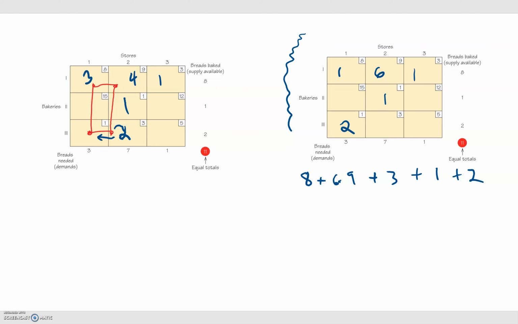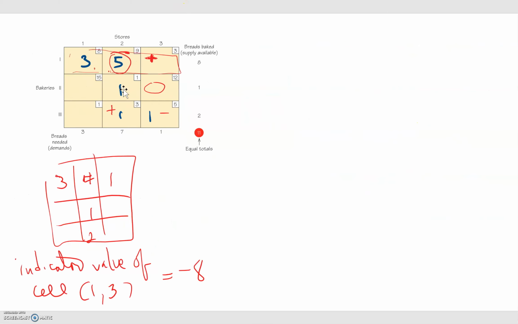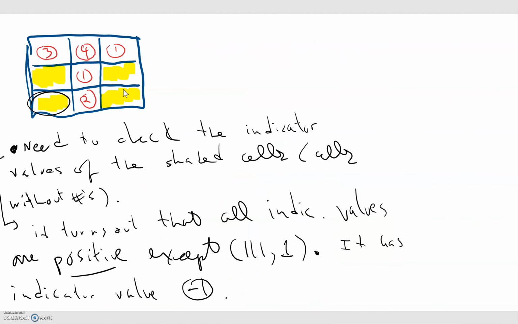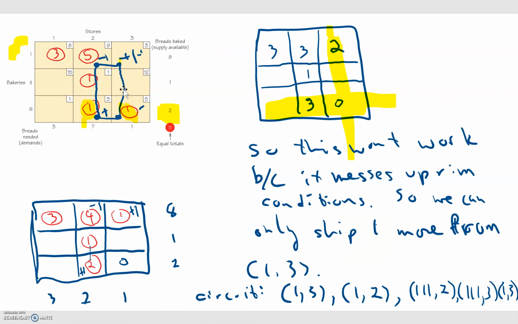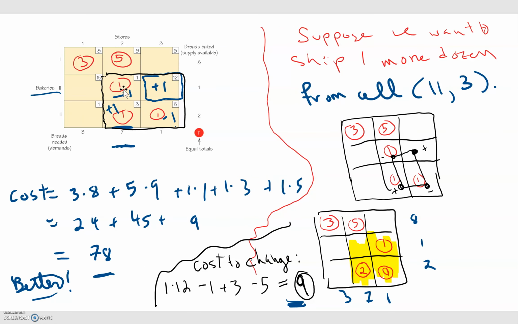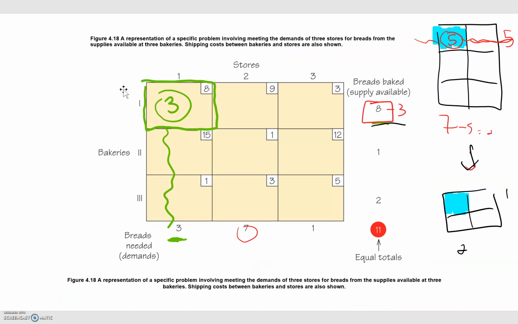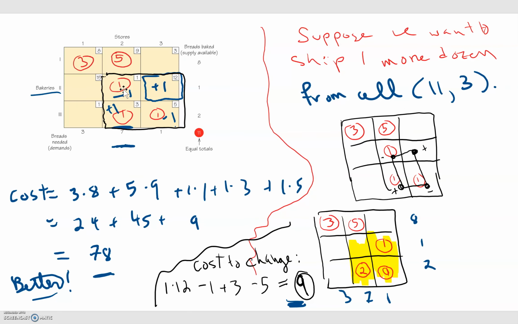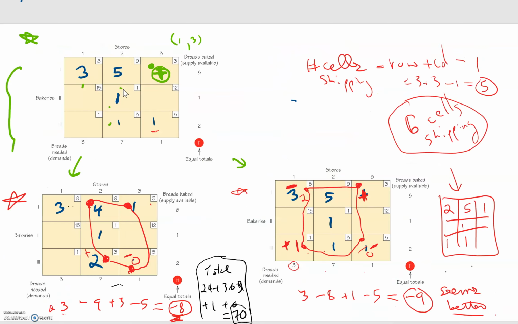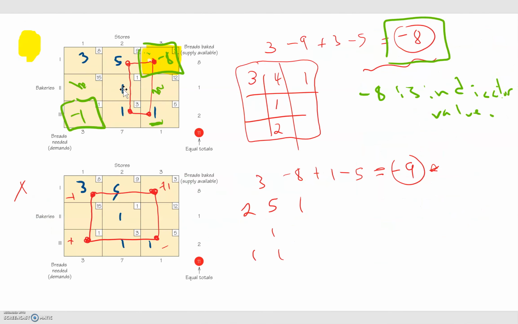And that's 68. Okay, so just to keep track of where we came from when we started this way back when, our original cost was, what was it? We got it down, 78, right? 78, 3511. Yeah. So we have improved for sure.